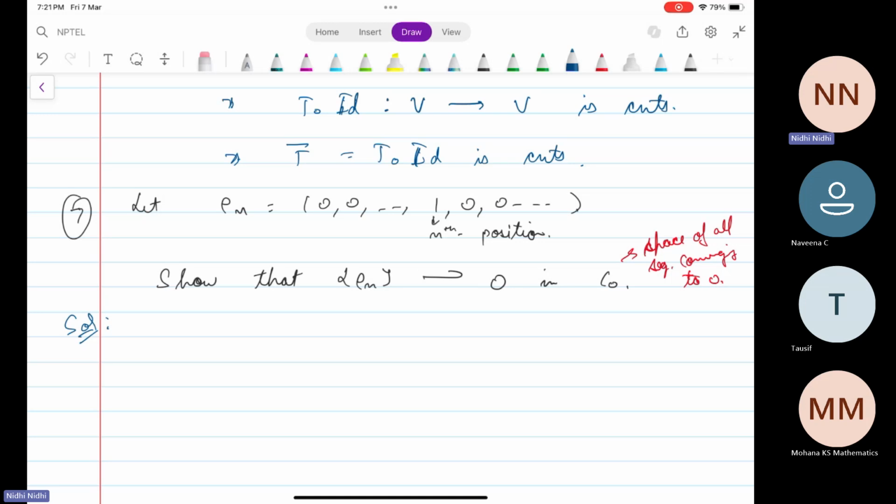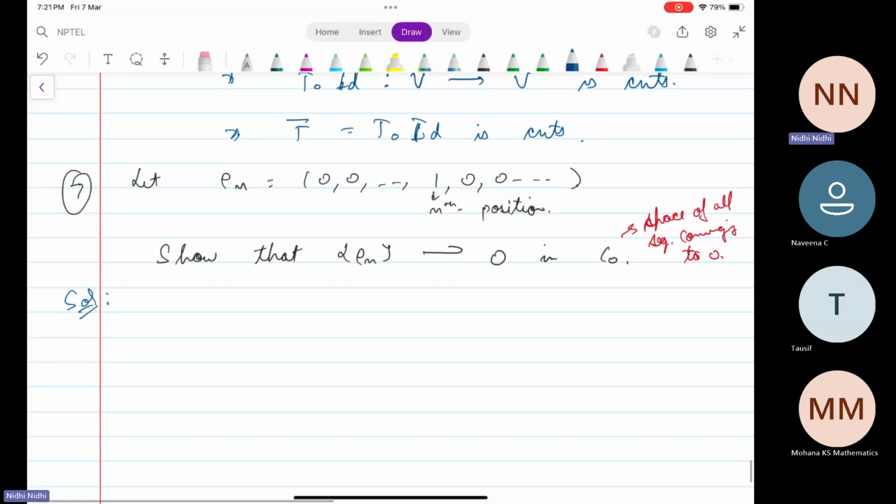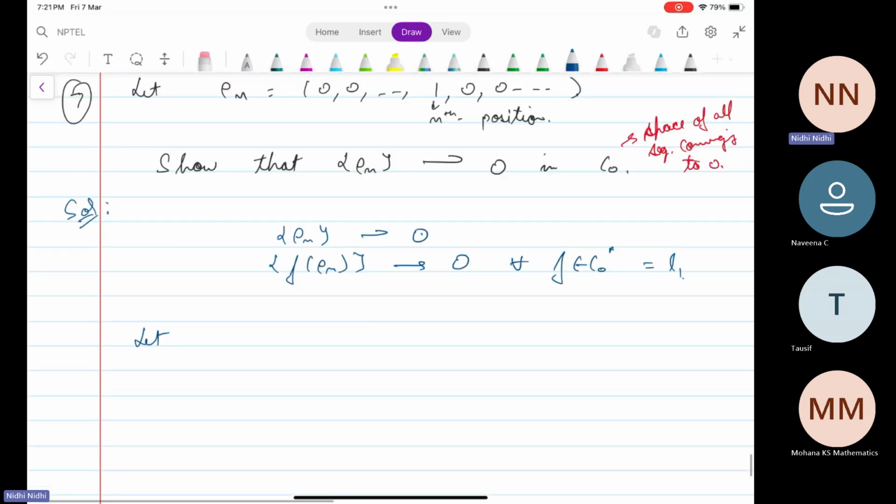Solution. So in order to show that en converges weakly to 0, we need to show that f(en) converges to 0 for every f in c naught star. And here c naught star is l1. So let f belonging to c naught star, which is equal to l1, be arbitrary.